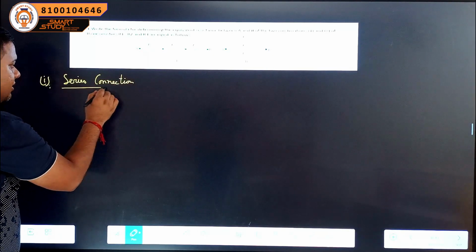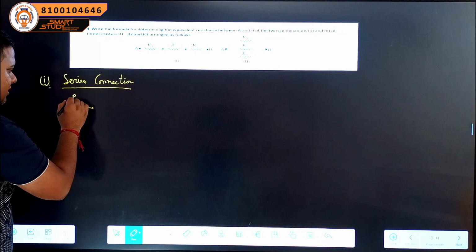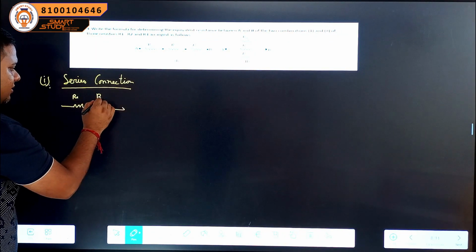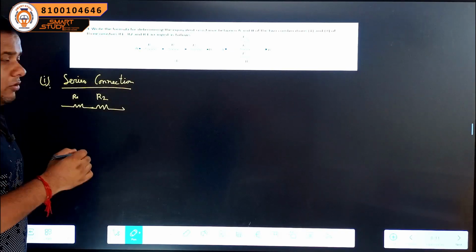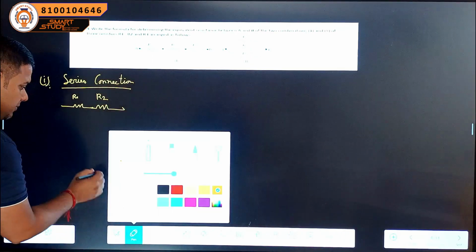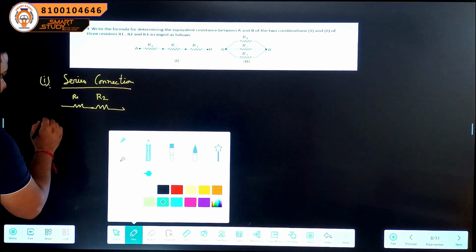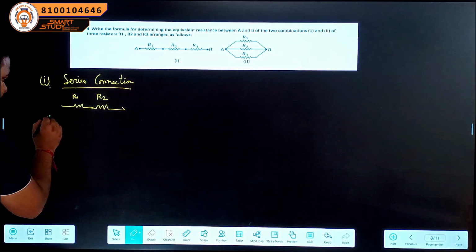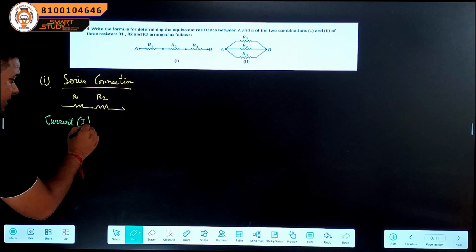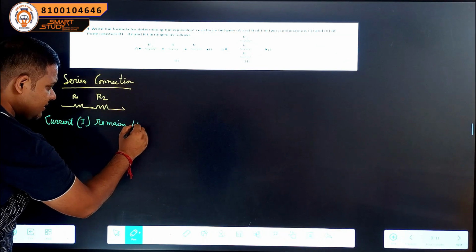Now in series connection, if this is our resistance R1 and this is our resistance R2, always remember that in series connection, this is the most important part: current remains unchanged.